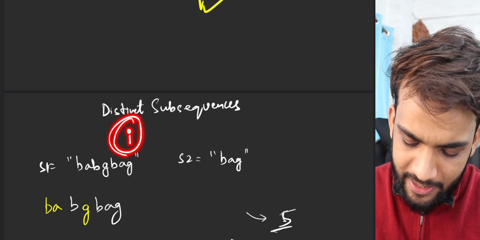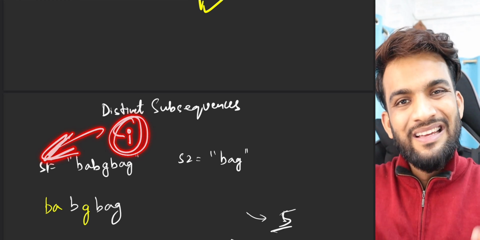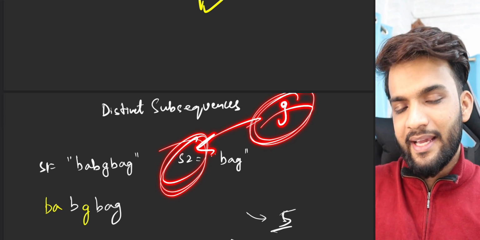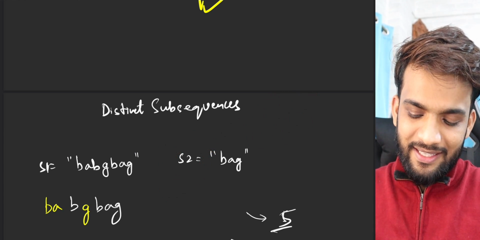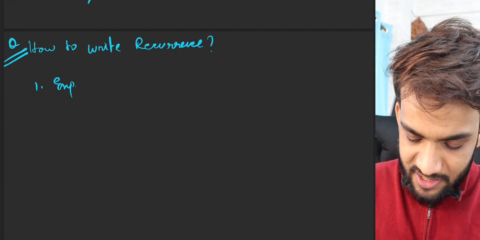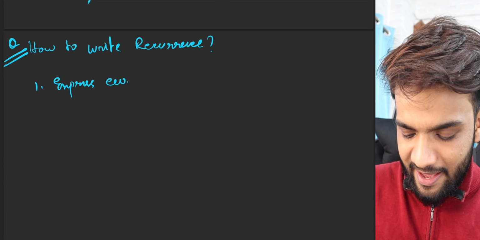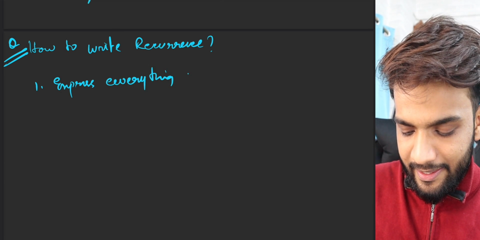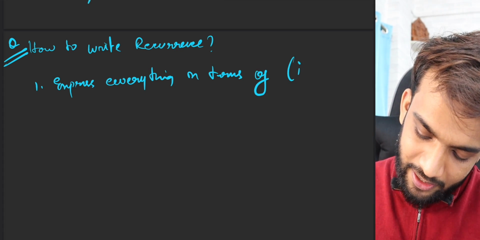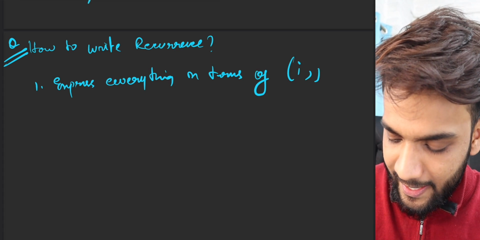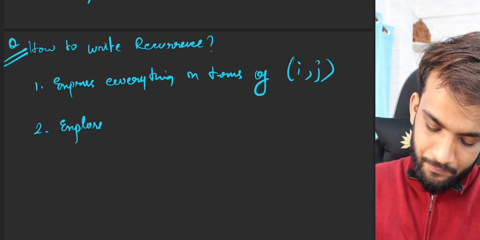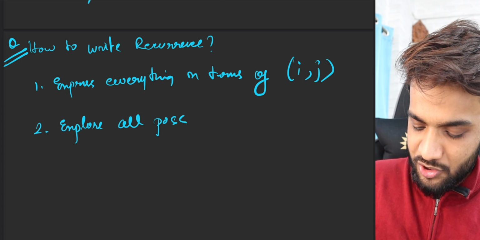One parameter will be i, which represents the index in S1. The other parameter will be j, which represents the index in S2. So the first step of writing the recurrence is very simple: express everything in terms of i, which is the index in the first string, and j, the index in the second string. Then, explore all possibilities.